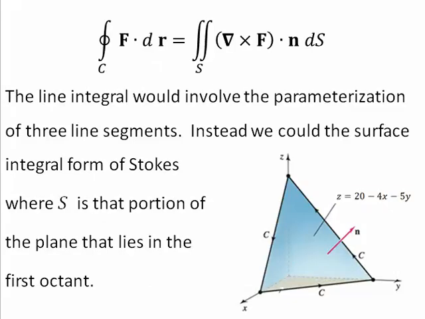The line integral would involve the parameterization of three line segments. Instead, we could find the surface integral form of Stokes' theorem, where S is that portion of the plane that lies in the first octant.